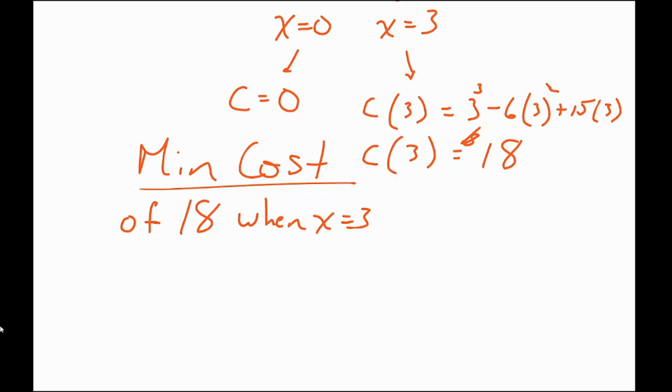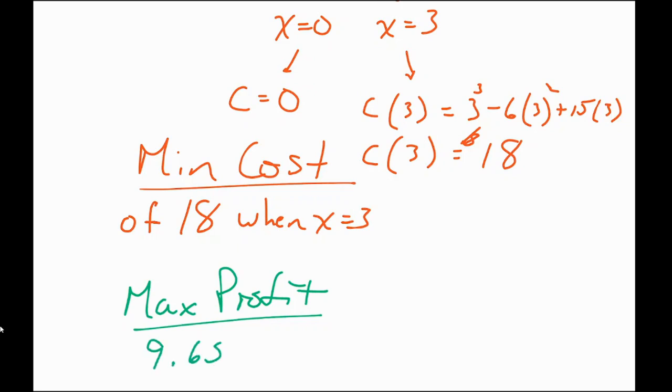And then what was it again? It was a max profit of 9,657 when x was 3.414. Well, as we kind of thought in the beginning, these are not the same ideas.